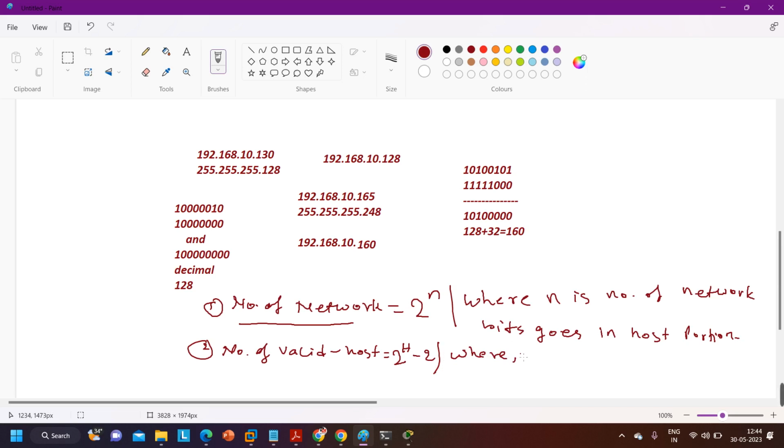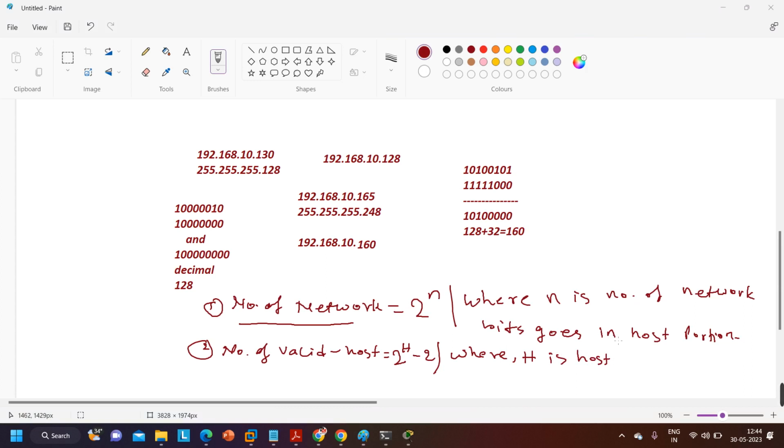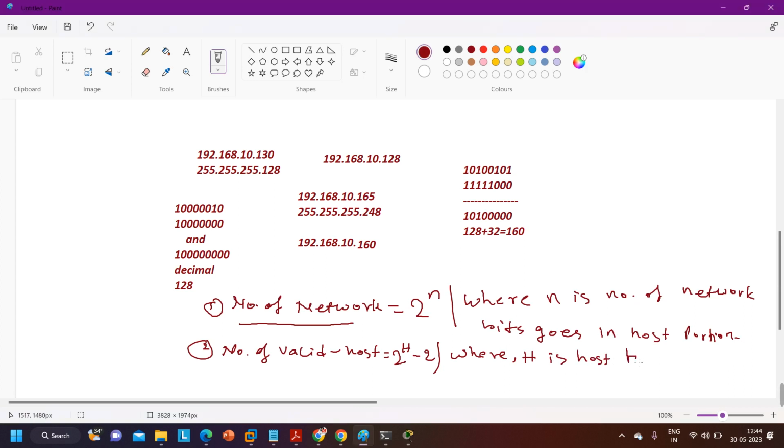And the third and last formula is block size.